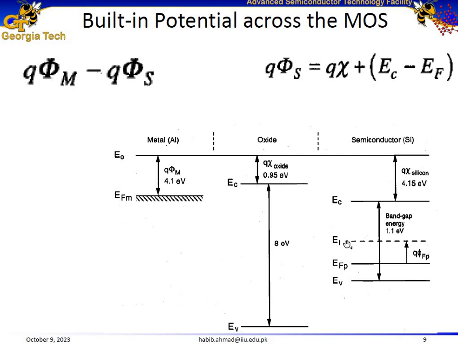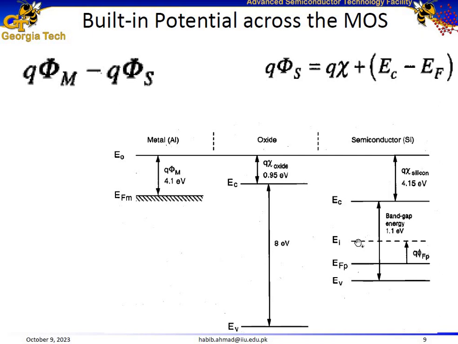So if we calculate EC minus EI and add these three together, we actually get the work function of the semiconductor. We know that the intrinsic energy level pretty much lies in the middle of the band gap. So if the band gap is 1.1 electron volts, then EC minus EI would be 0.55 electron volts.